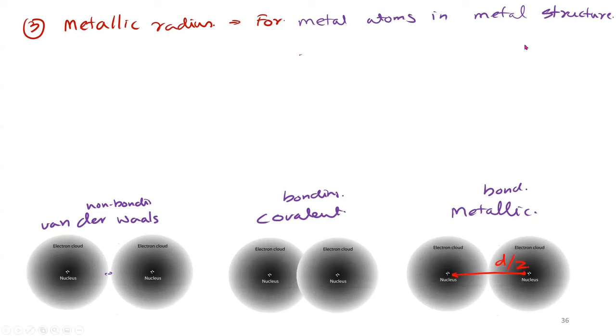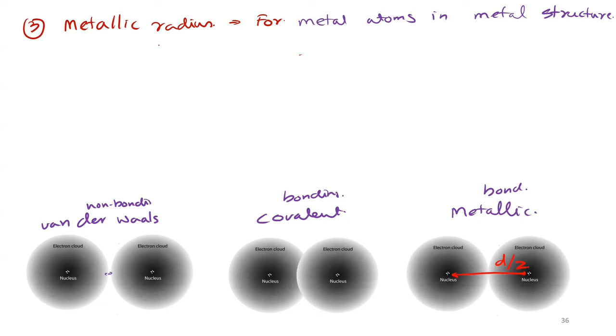So that is what we define as the metallic radius. So we have to use these 3 types of radii because the atom does not have a sharp boundary.